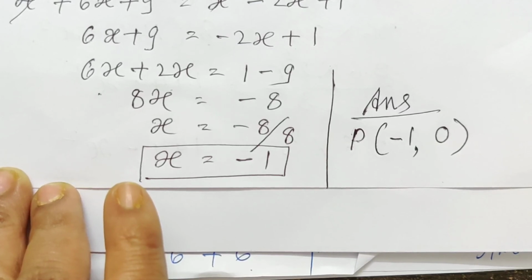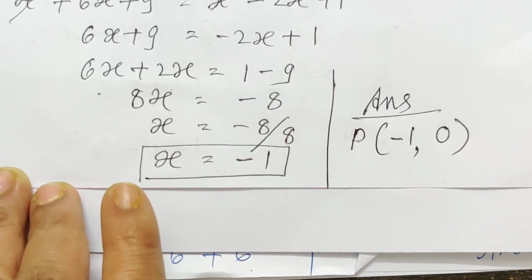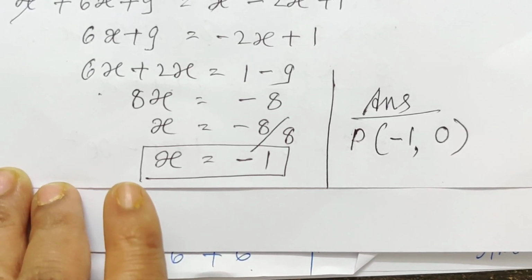Method and calculation is the same. And here it is said the point is equidistant from A and B, present on the x-axis. The question is different, but the method and the formula are the same. So this way you have to try to understand the meaning of the question and then solve the example.